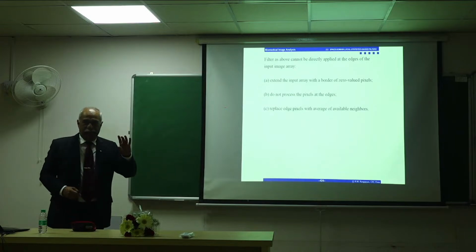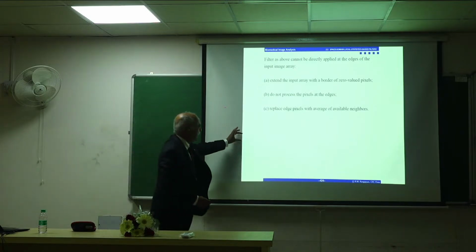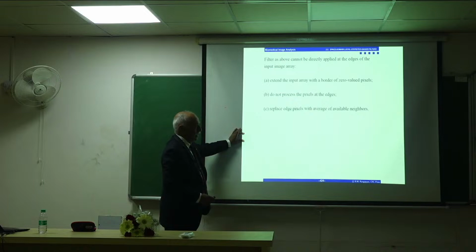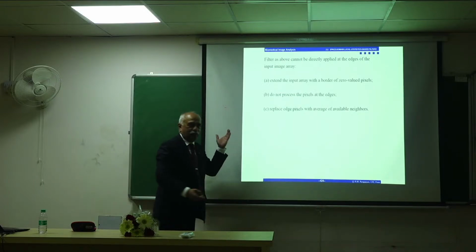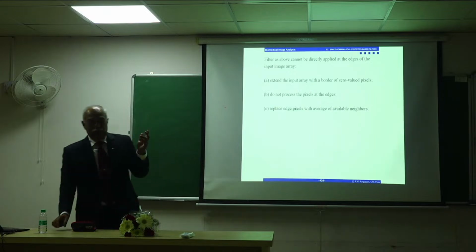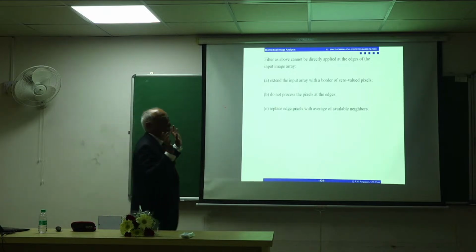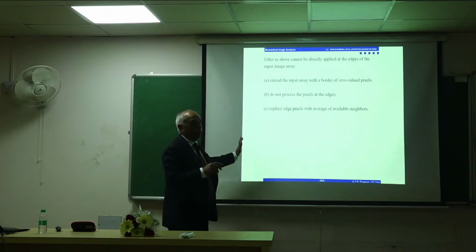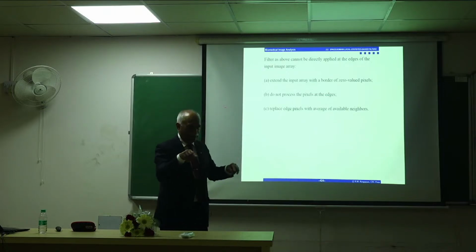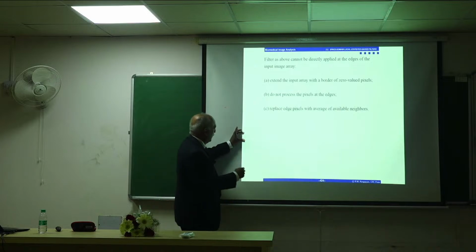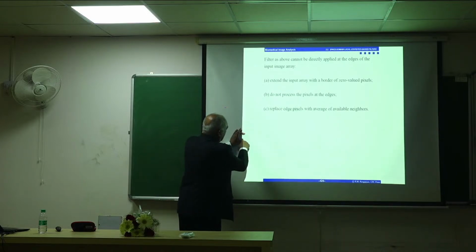There is a problem at the edges, because when the image ends here and you want to put the mask here, centered at that pixel, you don't have anything outside the edge. So what do you do then? You may say, well, I don't process it. If you put 0, then output will have a border. If you put the same values, then there'll be noise there. So you may say, well, for this point, I have these neighbors.